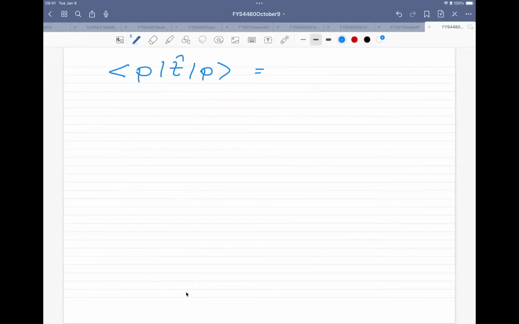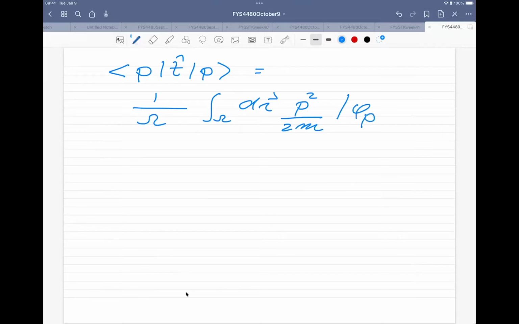So this is in principle given by, I'm just inserting the wave function, 1 over the square root of omega squared. I'm integrating over the volume where the particles can move. I have a three-dimensional object here, d r. And then obviously, when I'm acting with p, I'm going to get p squared divided by 2m, and then the wave function squared.